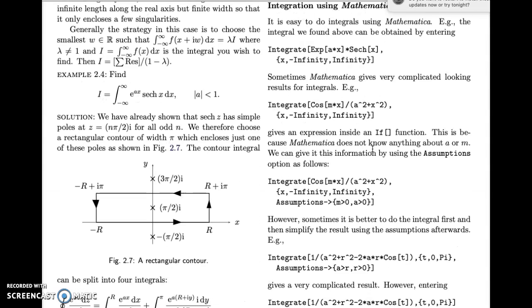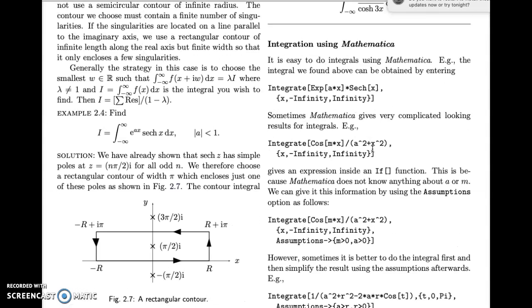In the next section, I'm just talking about using Mathematica to do integrals. It's saying that the integral we've just done, you can do using this expression here.